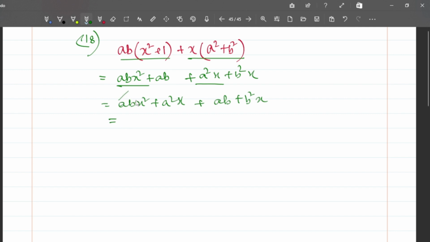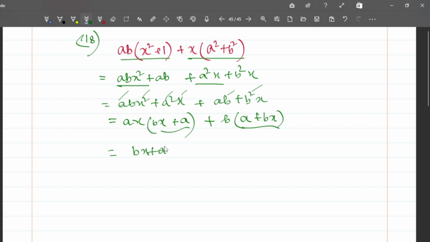Now take common a and x from the first and second term and b from the third and fourth term. Now these two are the same terms. So take common and you get the answer.